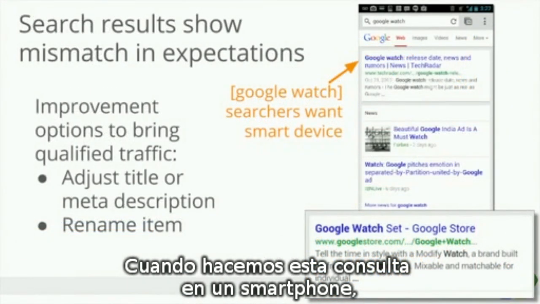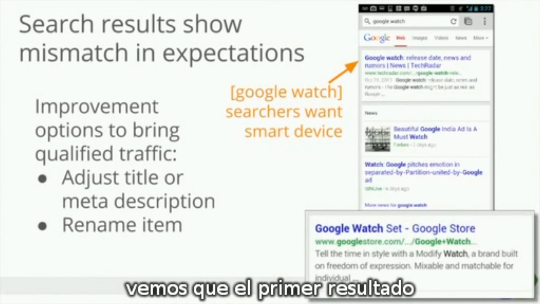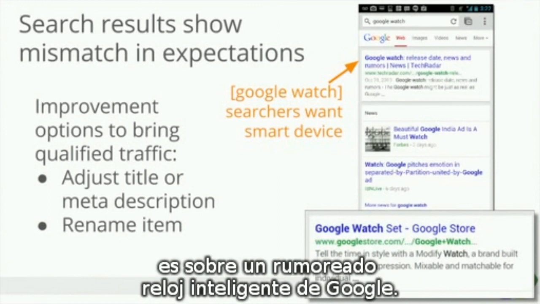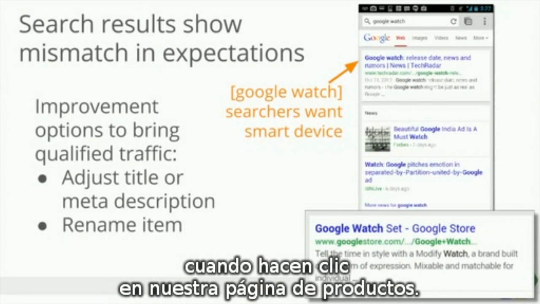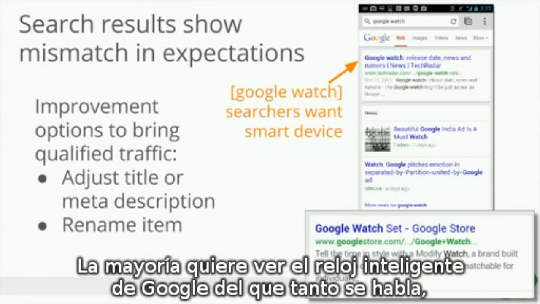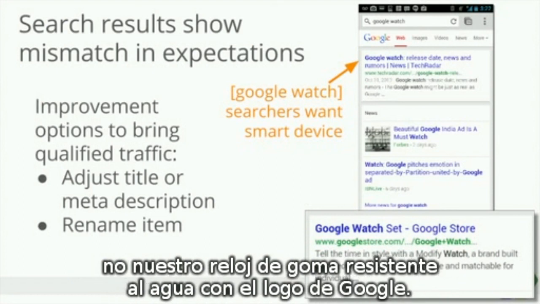When we perform this query on a smartphone, we notice that the top search result is about a rumored Google smartwatch. So there seems to be a mismatch in the average searcher's expectation when they click through to our product page. Most want to see the rumored Google Watch smart device, not our water-resistant rubber watch with a Google logo.